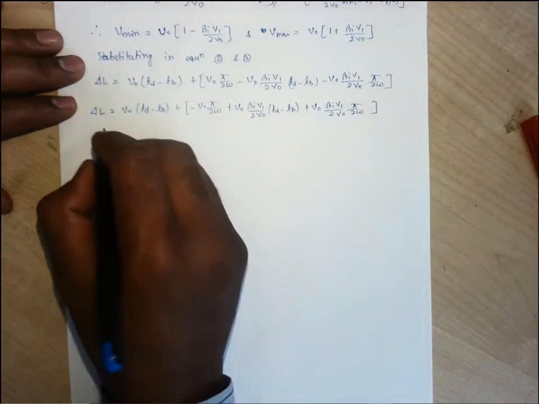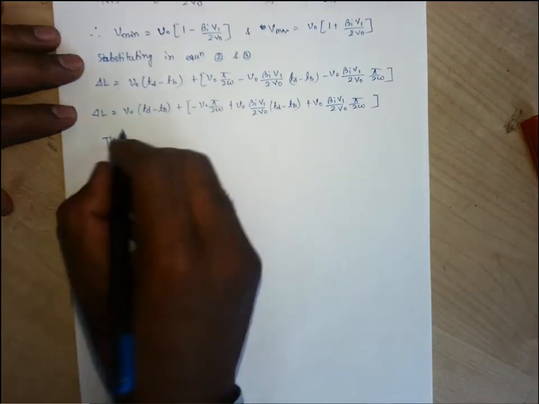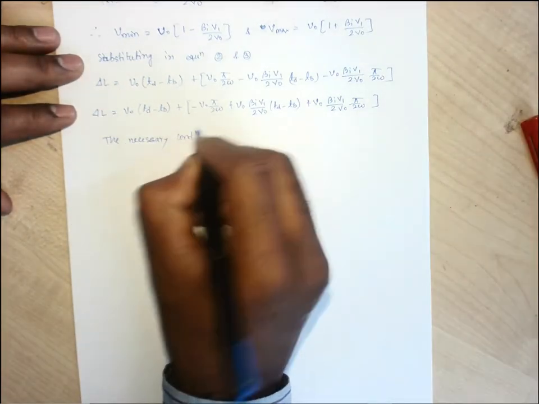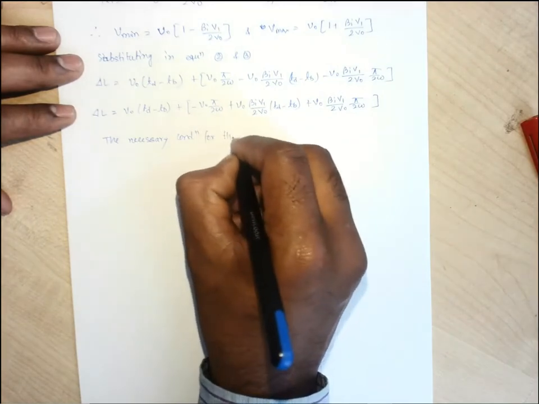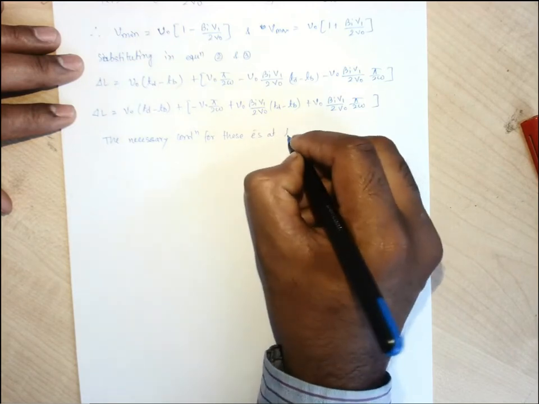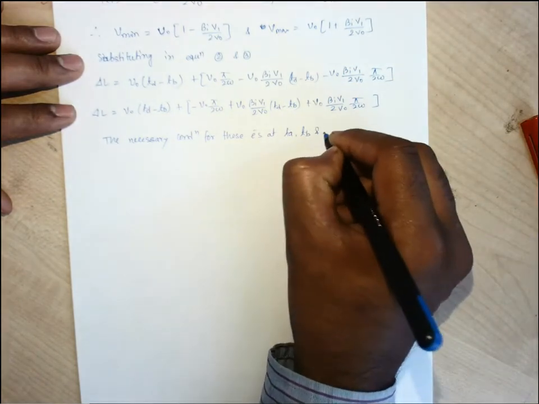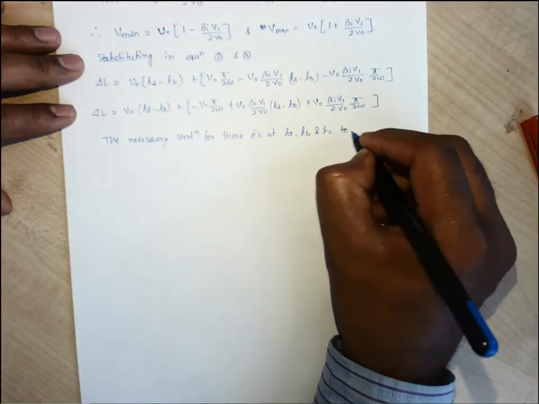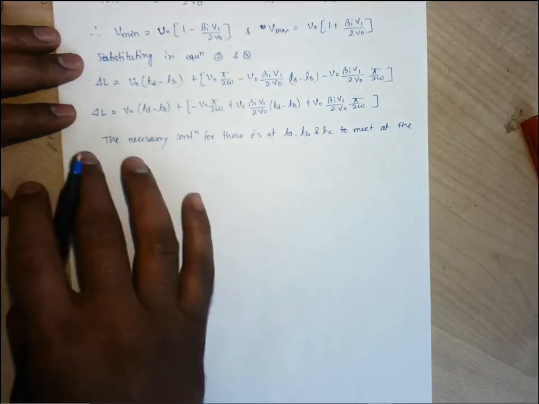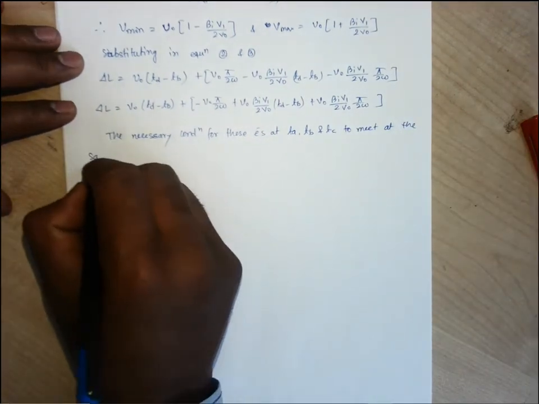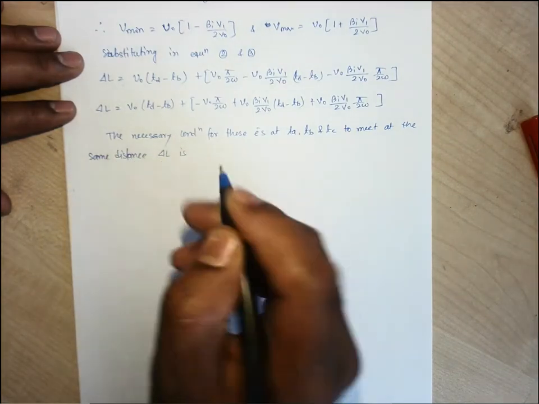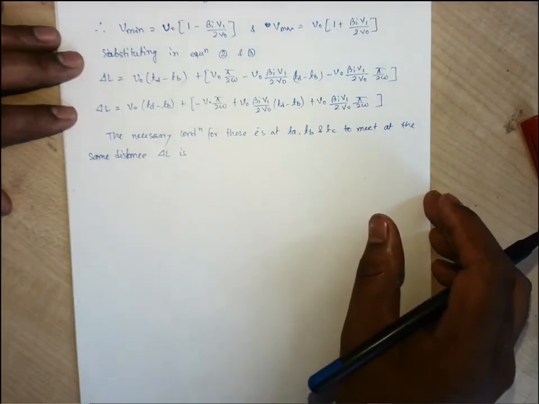So the necessary condition for those electrons at Ta, Tb and Tc to meet at the same distance del L is, what is that?